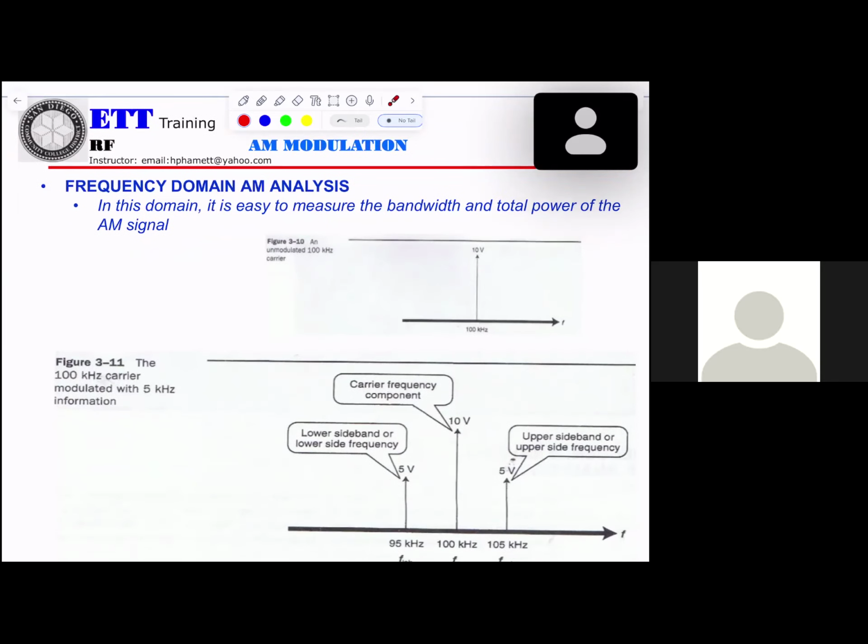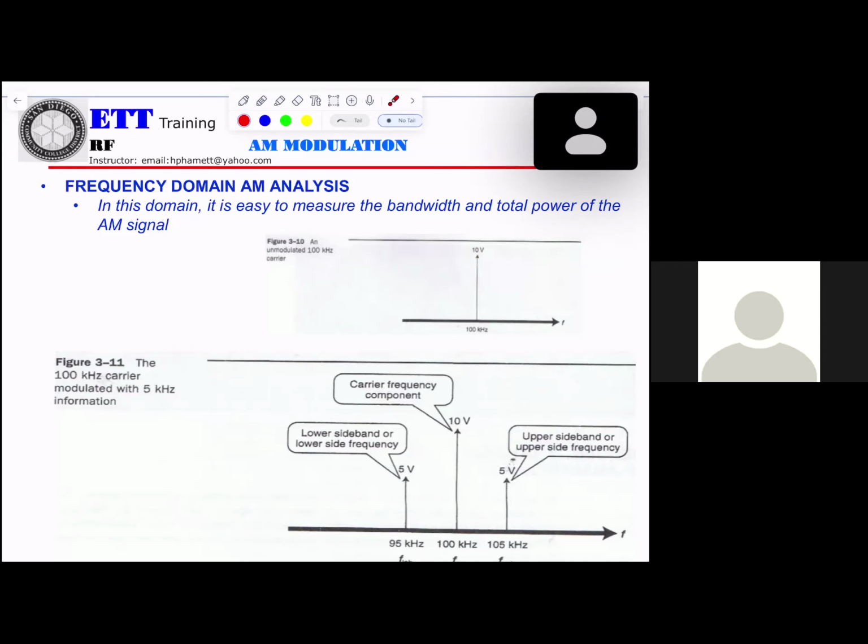Frequency domain AM. In this domain, it's easy to measure the bandwidth and the total power of AM. You get the signal here, which will be 100 kilohertz. The amplitude will be here.